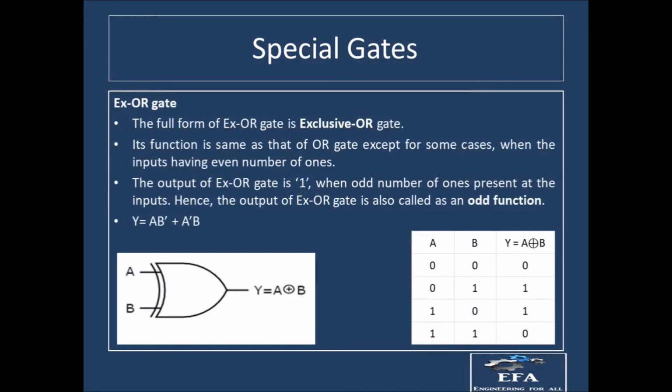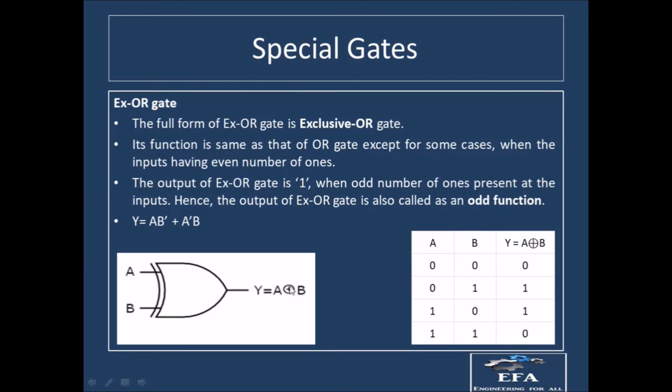So in this case you can see that we are having this as the symbol of the OR gate, and there will be a half semicircle before this OR gate, right? So this complete symbol will represent the XOR gate. When we talk about the Boolean expression for this XOR gate, it is given by A plus B, and in between these A and B, this plus sign is actually covered by a circle, right?